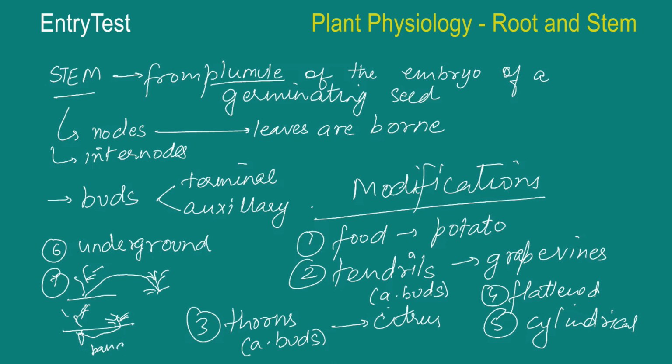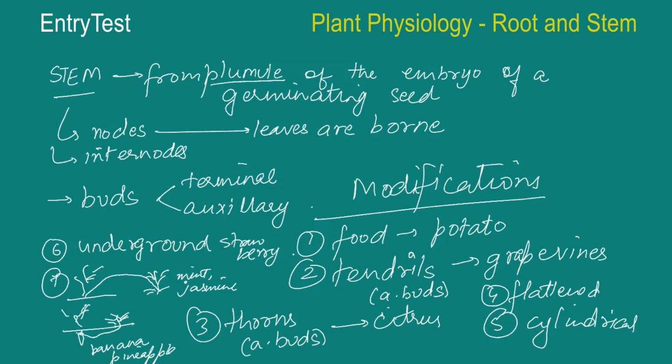So this takes place in case of banana and pineapple. Well, this was in the case of mint and strawberry and jasmine. The underground branches are there in strawberries. So that is all about the stem that you need to know at this basic level of 11th grade.